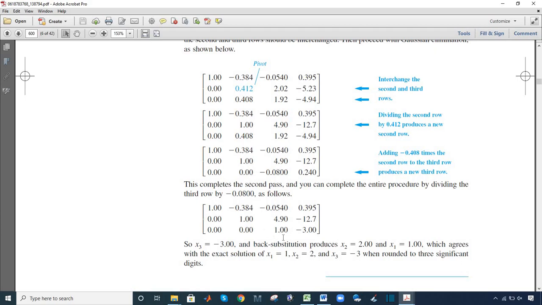Here you can say that x3 is equal to minus 3. When you put this value in this equation, you will get x2, and then x1. When you put these two values into this equation, you will get x3.